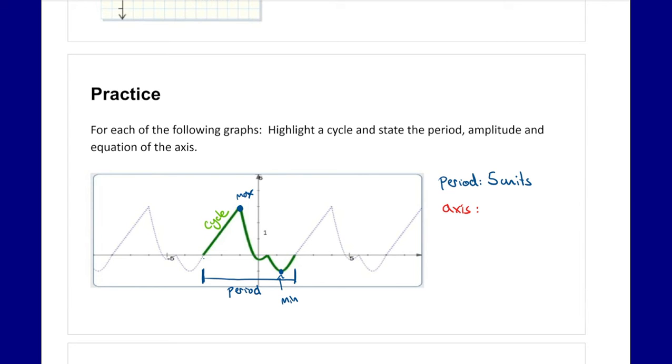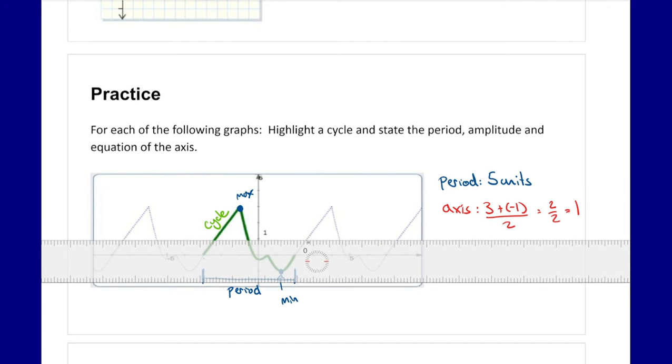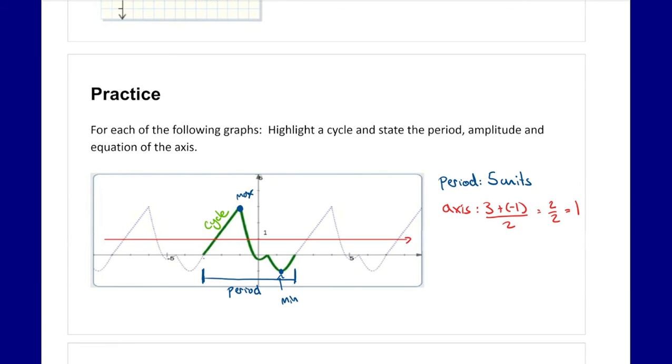So in this case, for the axis, we have 3 plus -1 divided by 2. We get 2 divided by 2, or 1. So that means that our horizontal axis, or our midline, is at 1. So I can draw a line right across there, and this is my axis.